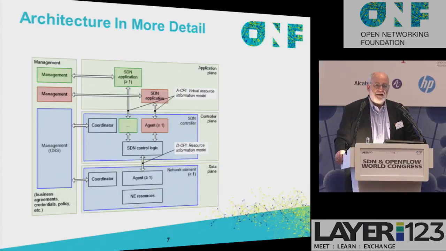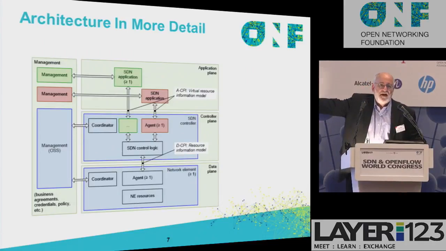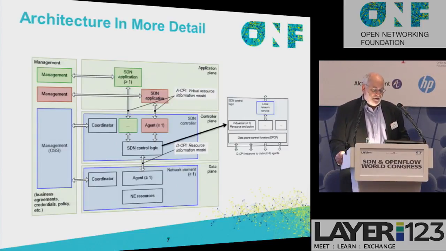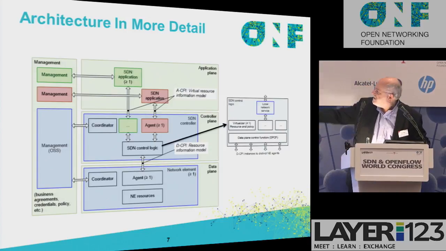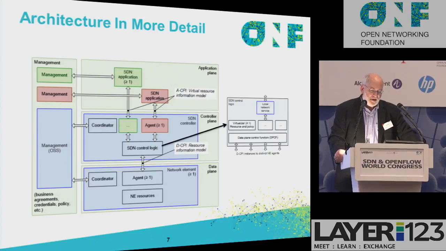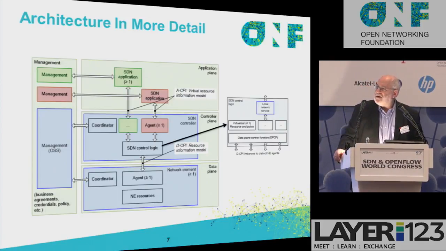So if we take a look at this in more detail, that's the same box that was in the previous slide. I'm just going to look at some more detail in some of the boxes that we have on the left. So if you look at the SDN control logic, this kind of blows up what's going on in the SDN control logic. And the important thing there is you have a virtualizer.